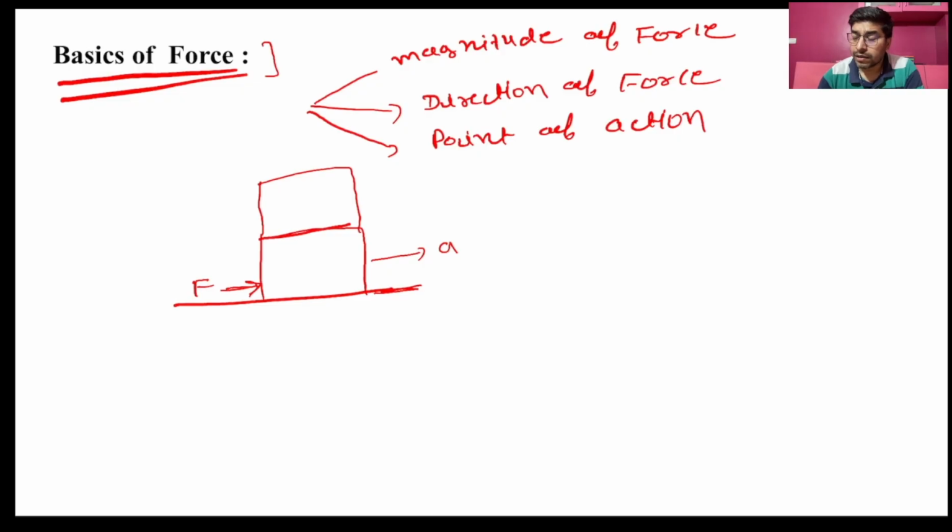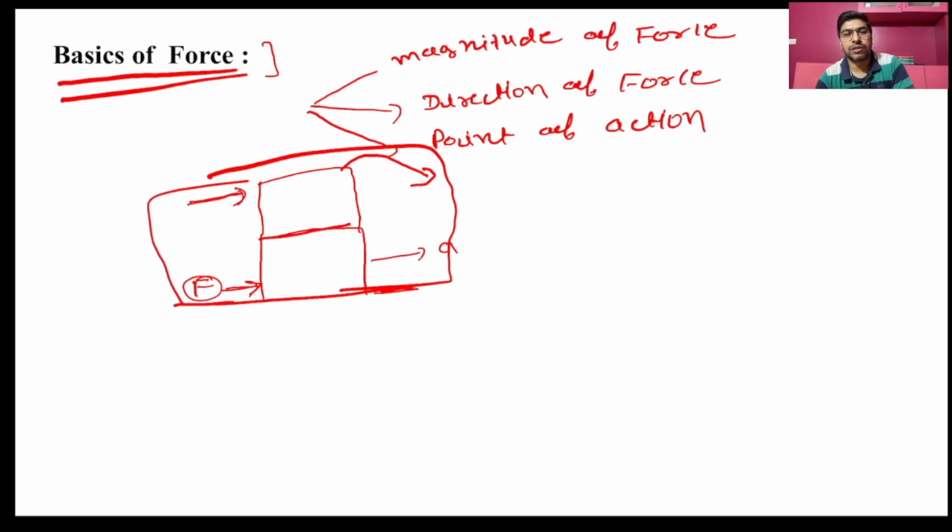But there is also a possibility that if you apply force at a point at the top, instead of moving, the object will start bending like this. Understood? Why bending and so on, we will understand better in rotational motion. As of now, we just have to consider that in case of force, point of action is also important. I hope you got this basic of force.